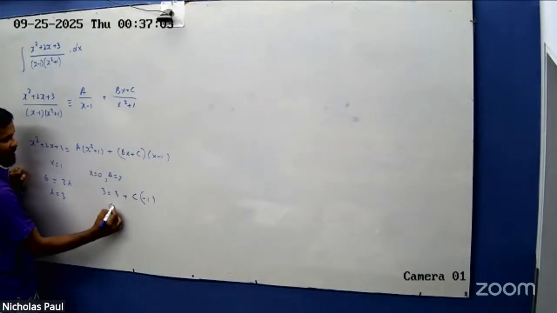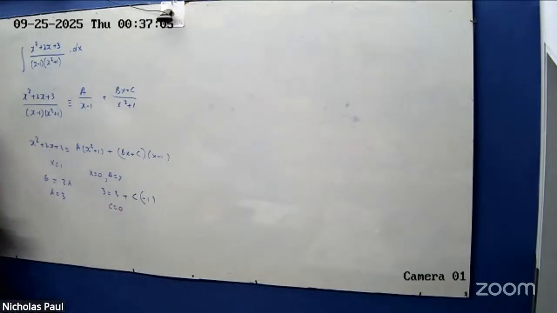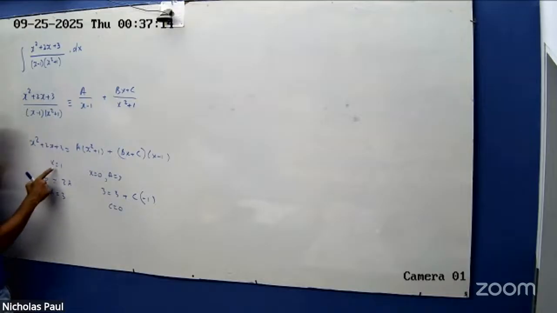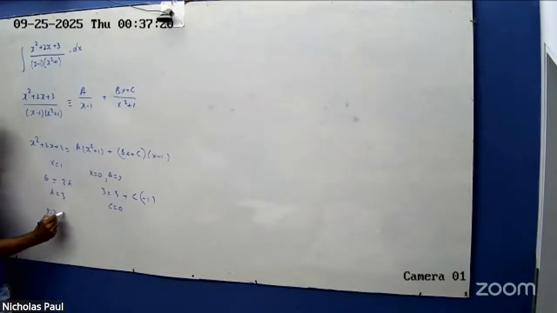So I got C to be 0. So I know A is 3 and C is 0, just to find B. So I'm just going to put in numbers: x is 2, A is 3, and C is 0.